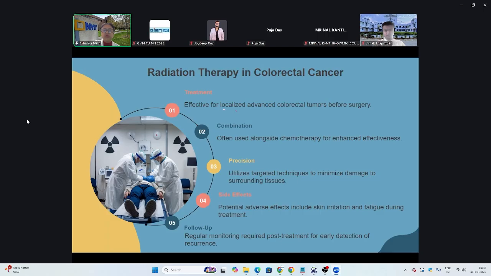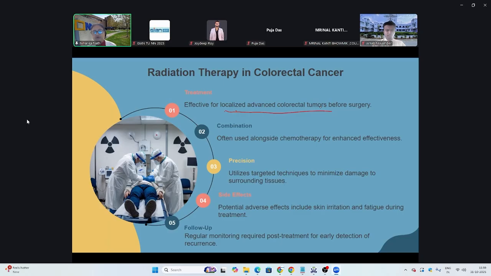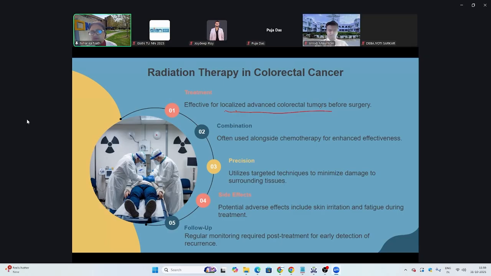If there is a bigger tumor and surgery is going to damage a lot of blood vessels, and surgery might be risky because you might have to take a bigger part of the GI tract out, and the person's intestine becomes smaller. So before you do surgery, you can start out with radiation, and radiation will kill a lot of the tumor cells, and they will become a smaller tumor, and then surgery is done.